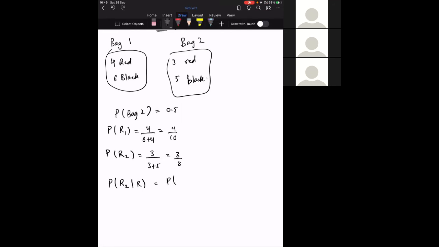Just to make it easier to understand, I'm going to write it as probability of bag 2 given that the ball is red. Okay.